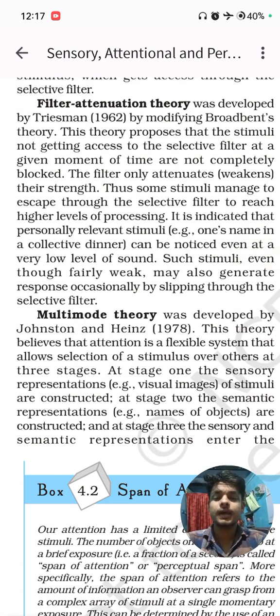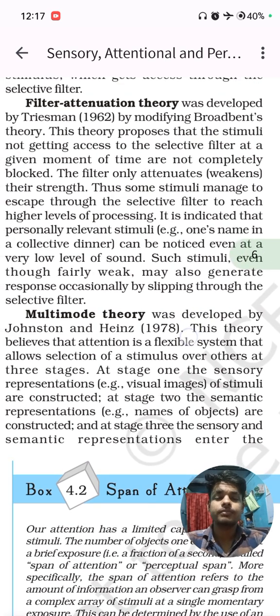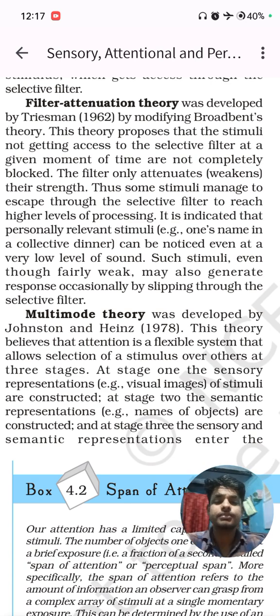The filter attenuation theory was developed by Treisman in 1962 by modifying Broadbent's theory. This theory proposes that stimuli not getting access to the selective filter at a given moment are not completely blocked. The filter only attenuates, or weakens, them.